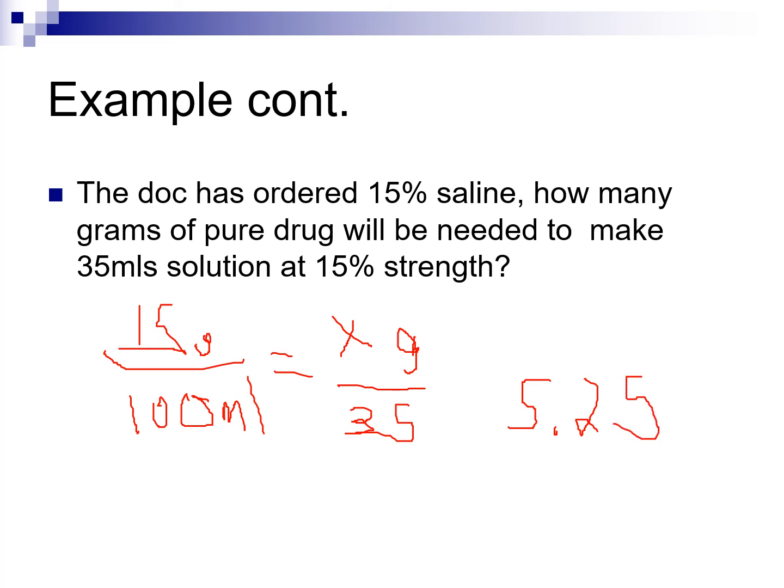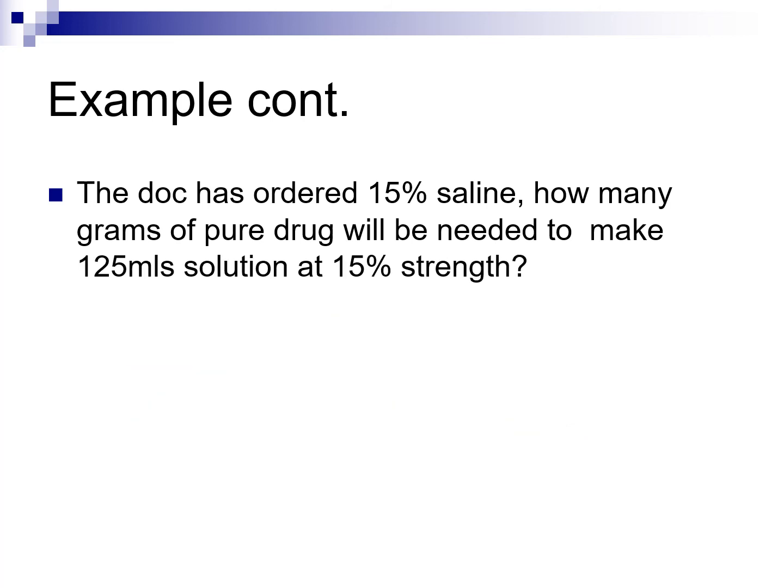All right, we'll do one more part of this problem. Same problem, but this time we want to know how many grams of pure drug is going to be needed to make 125 mils. Okay, so we have, again, our 15 over our 100.